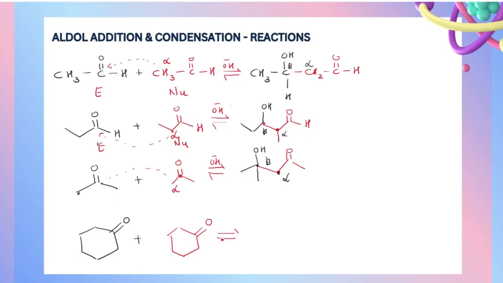Same way we can write for the cyclic structures also. So the given molecule is a ketone, cyclohexanone, because there are 6 carbons. Now, this is the alpha carbon which is supposed to attack here. So what you have to do here is write OH over here. So this is the carbon.